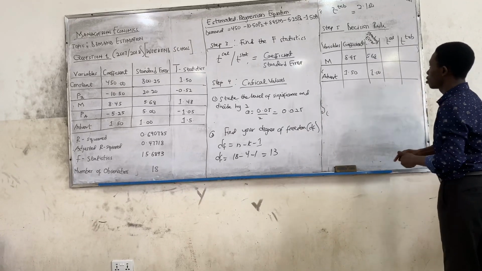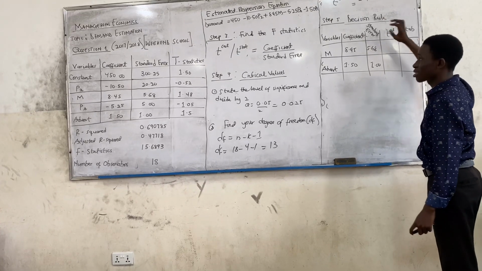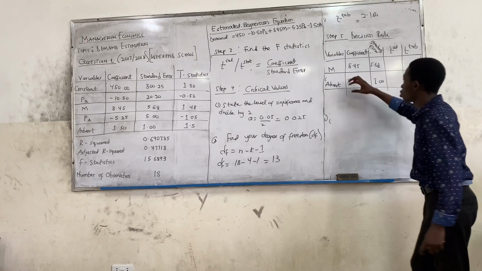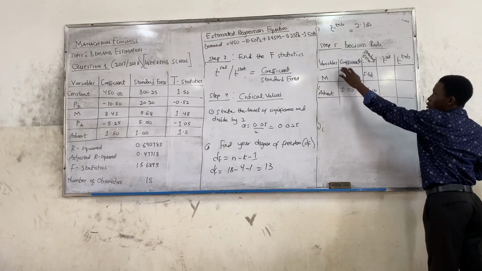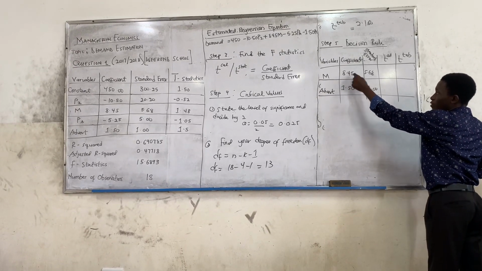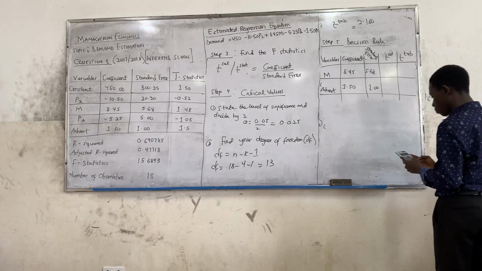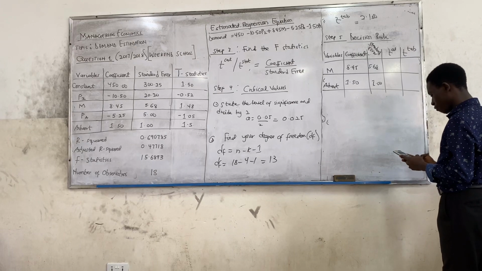So to be able to get the T calculated, or the T statistic, we divide the coefficient over the standard error. So to get T cal for income, we divide 8.45 by 5.68.